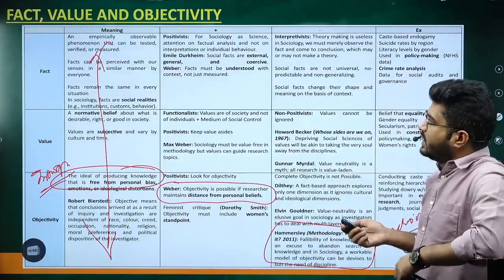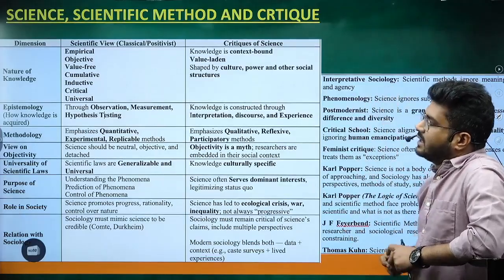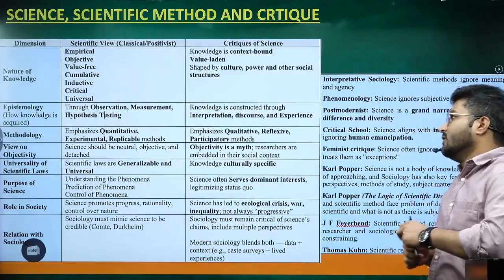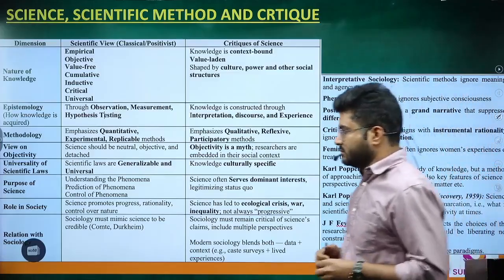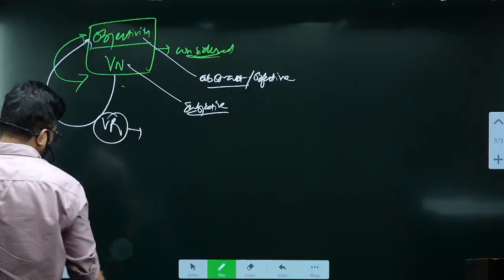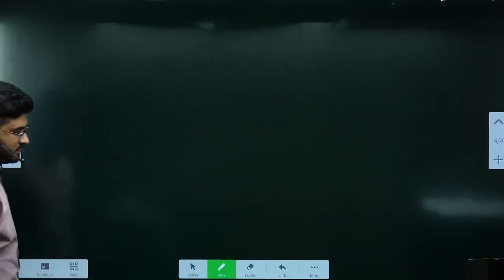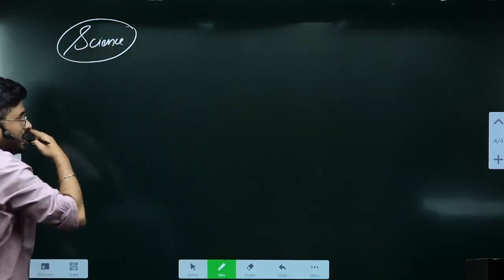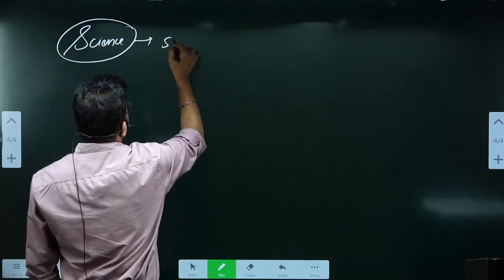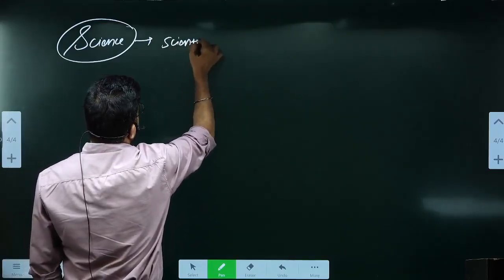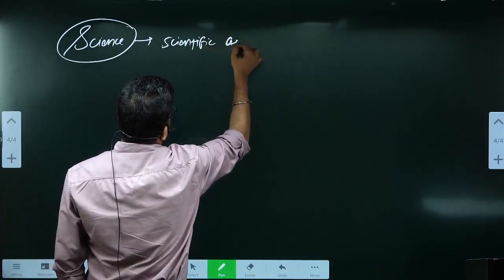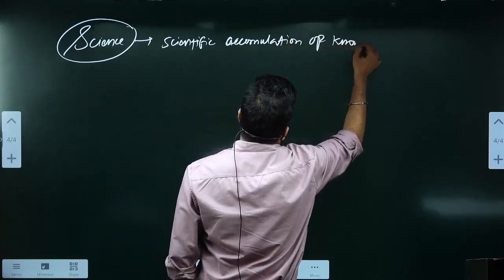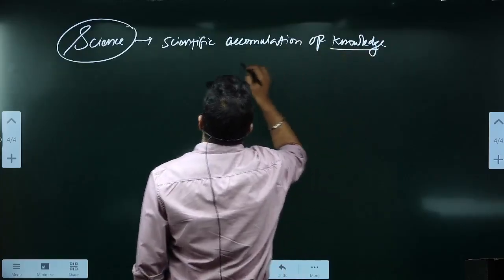Now we will move toward science, scientific method and critique. Now, what is science? Science is basically scientific accumulation of knowledge.